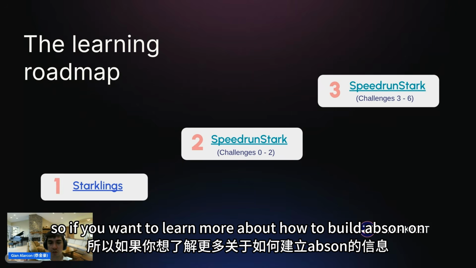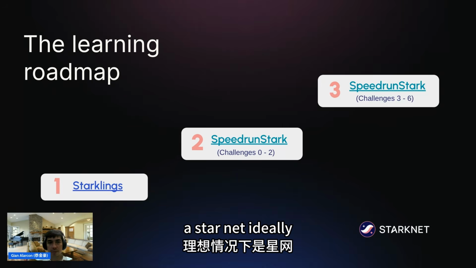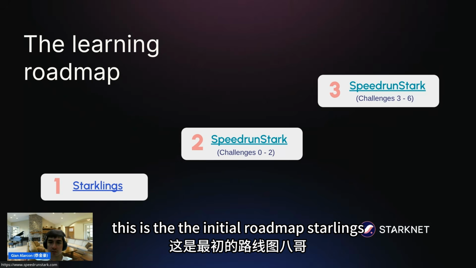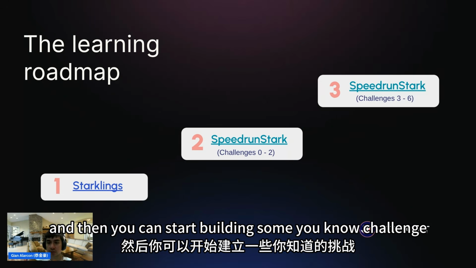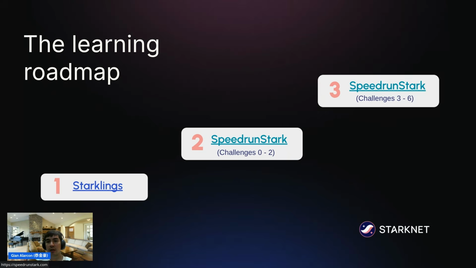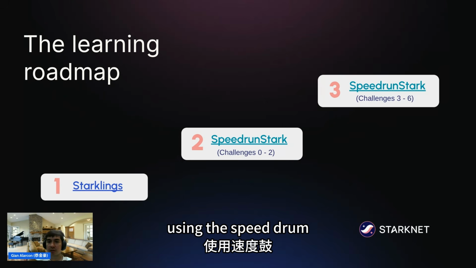If you want to learn more about how to build apps on Starknet, ideally this is the initial roadmap. Starklings will help you get more familiar with the Cairo syntax, and then you can start building small challenge apps one by one using Speedrun.